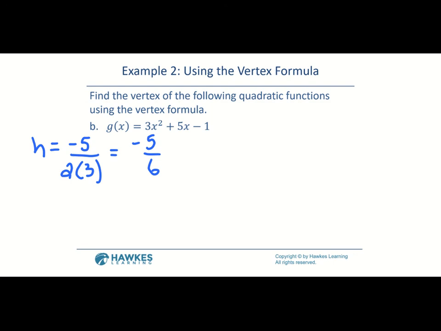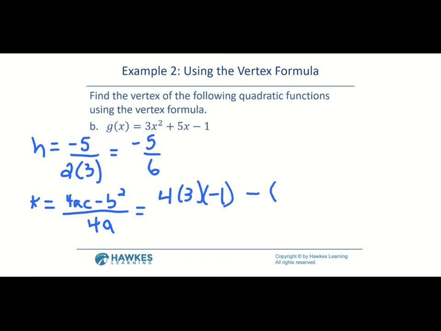So we can do our explicit formula to find k. Remember, that explicit formula is 4ac minus b squared over 4a. So we'll make life a little bit easier on us. So we are going to do 4 times 3 times negative 1 minus 5 squared over 4 times 3.